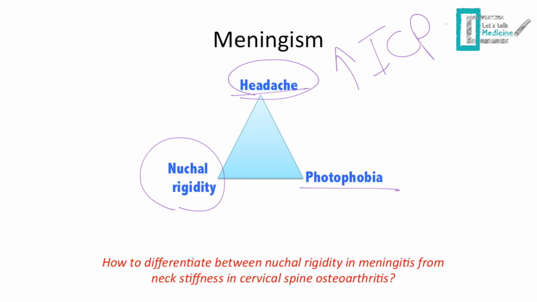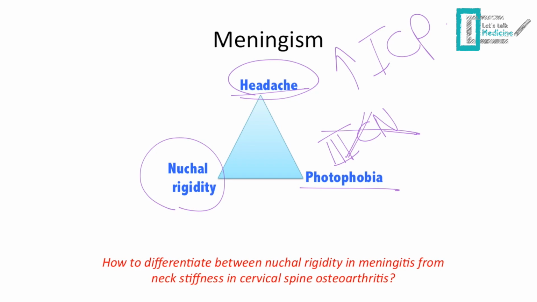This is because of the third cranial nerve, the oculomotor nerve. Its normal function is dilation and constriction of the pupil according to the amount of light coming in. When we have increased intracranial pressure, it will compress the third cranial nerve and cause dysfunction. Therefore, the patient will have photophobia.